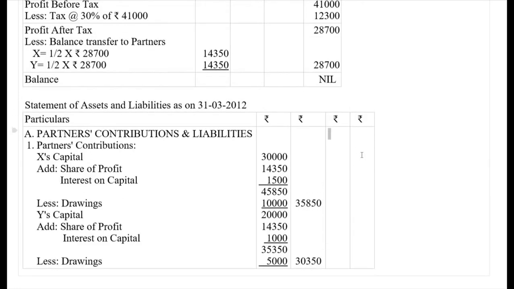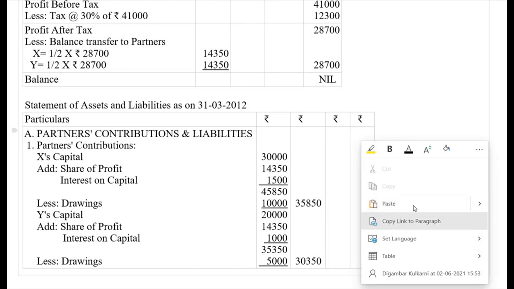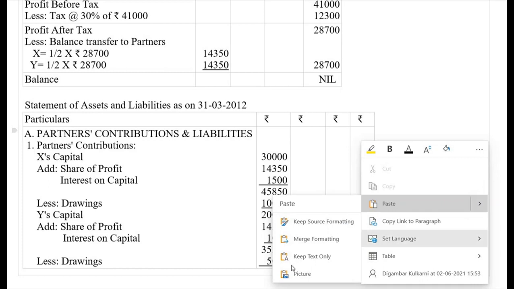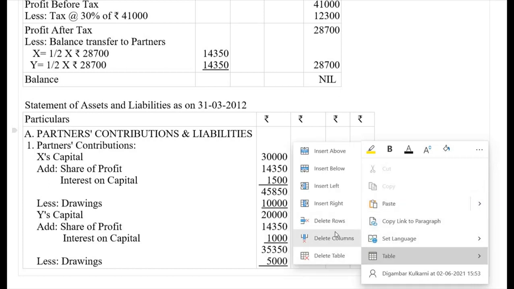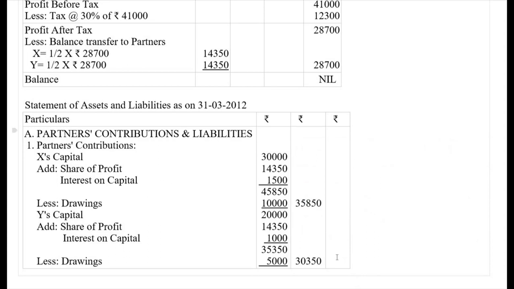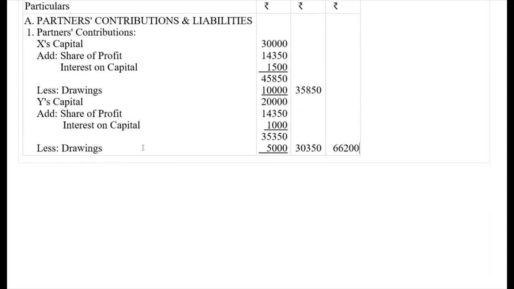So when we take up the sum here, this column is not required actually for us, so let me delete this one here. So now the sum of this will be 66,200.